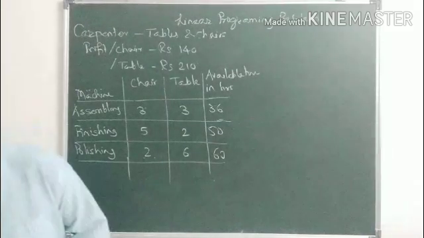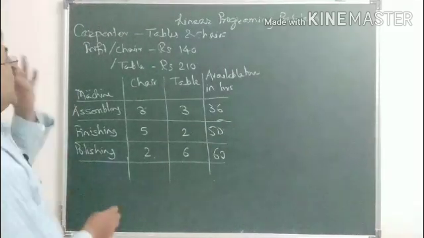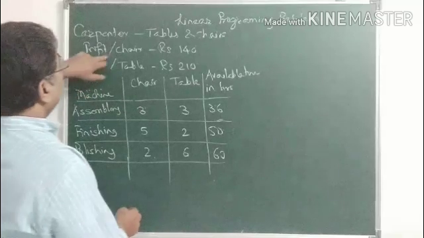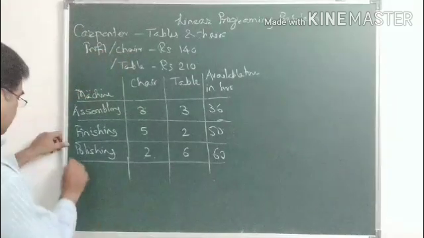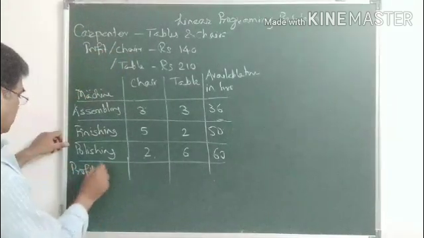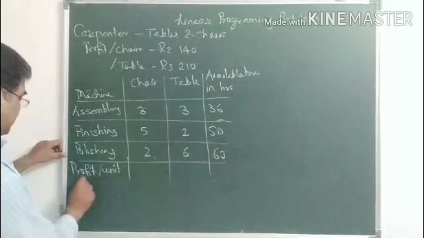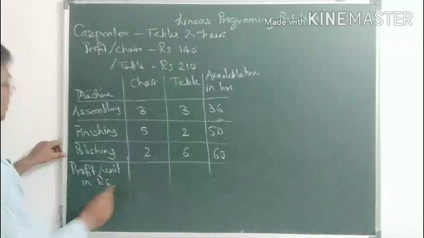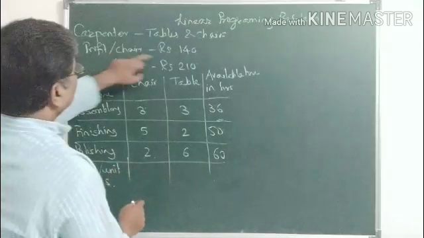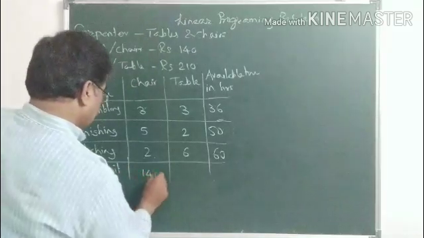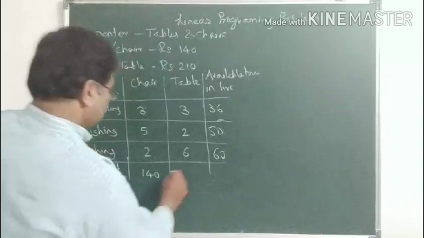Now here we have given profit per chair, profit per unit in rupees. For chair it is 140 and for table it is 210.